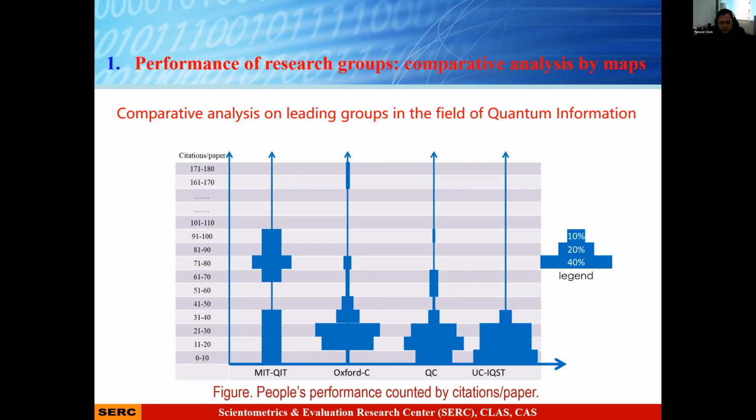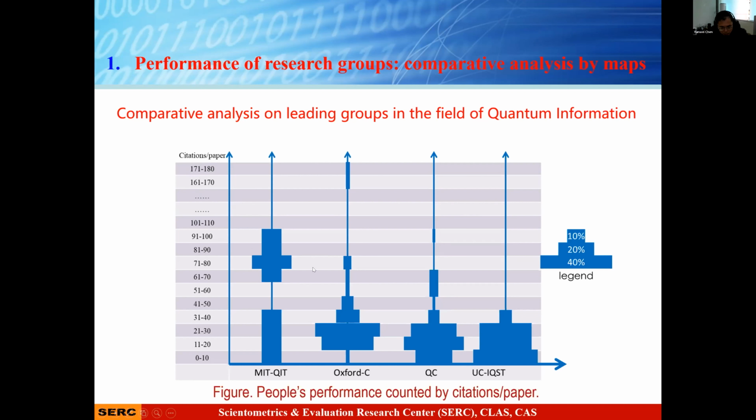I think a pyramid map can answer this question. To the left is the citations per paper, meaning that if a person has highly cited papers, he can rank at the top.